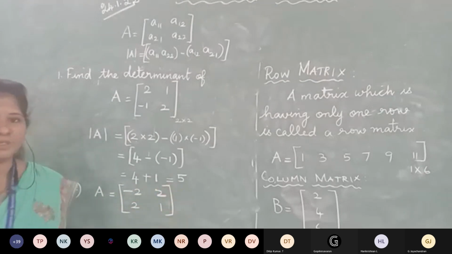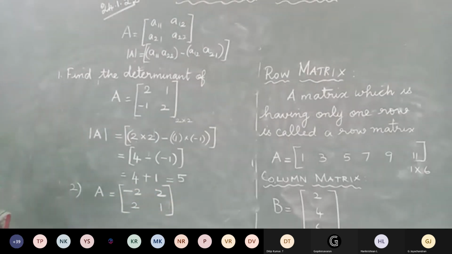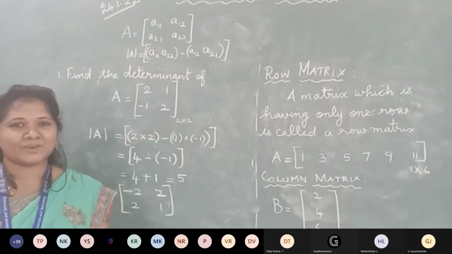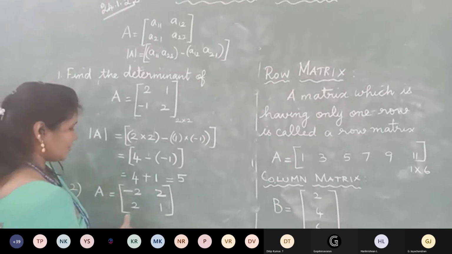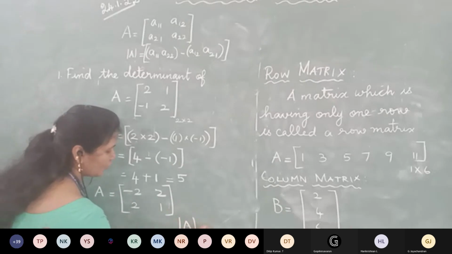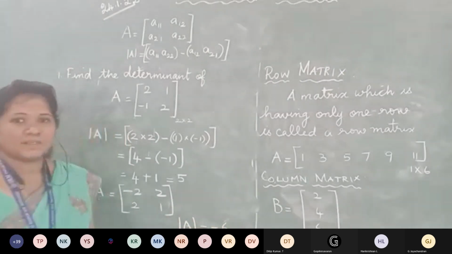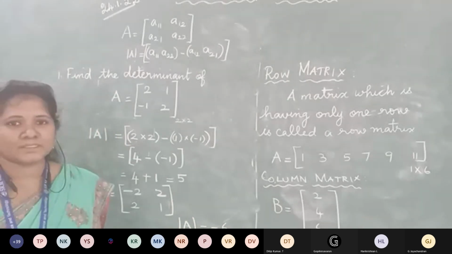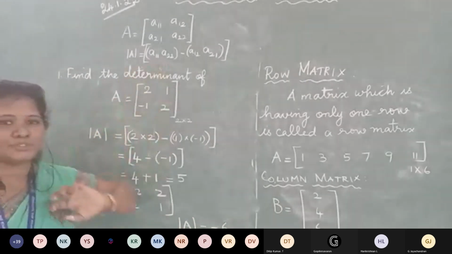Find out the determinant of A. Minus 6. Very good. So you're remembering your determinant. I'm very happy with it. So when you multiply this, you're getting determinant of A to be minus 6. How many of you got minus 6? The same formula you'll be using.